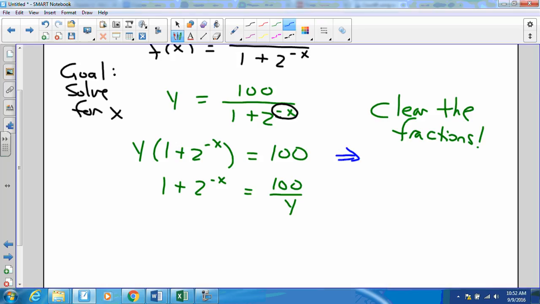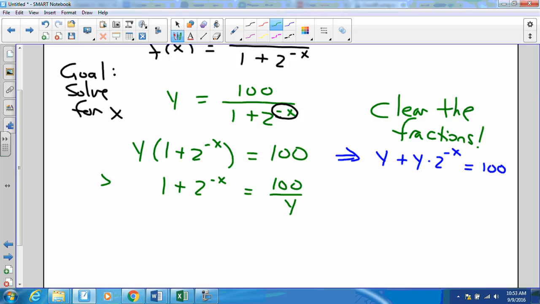So if we do this as kind of a choose your own adventure sort of thing, I could also distribute the y and get y plus y times 2 to the minus x equals 100. So this is another possible way of going about it. And I will develop both of these. Let's come back to the green branch over here and see how it works out.